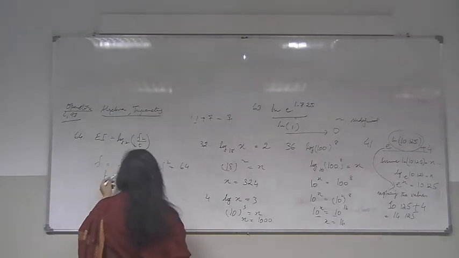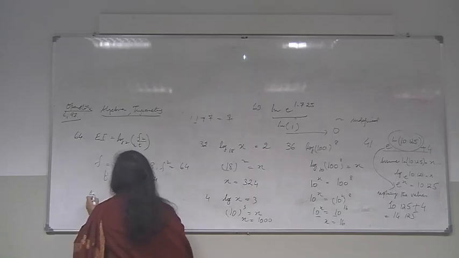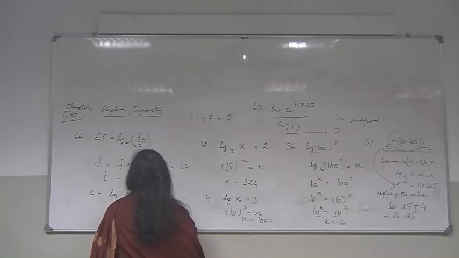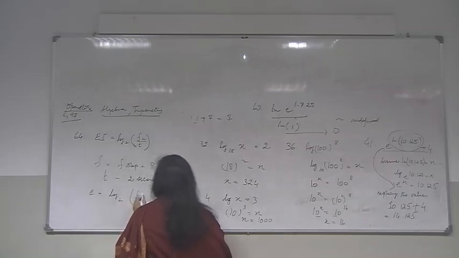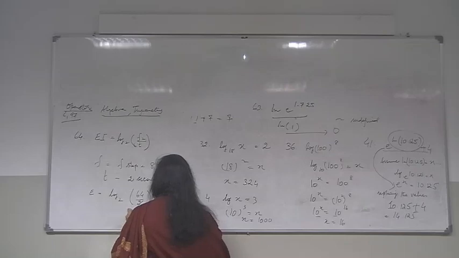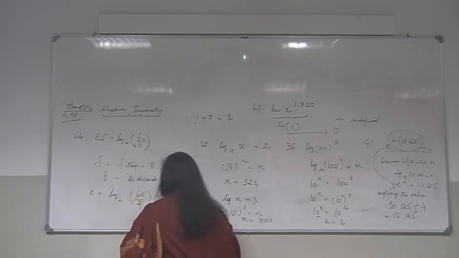So in this case, EI would be log base 2 of 64 by 2. At first you can simply simplify it, which gives 32.